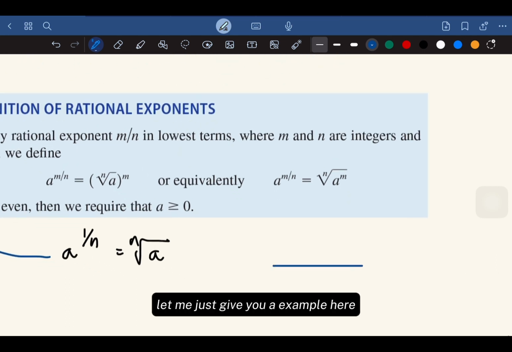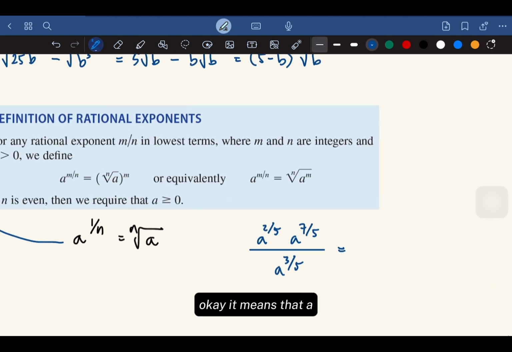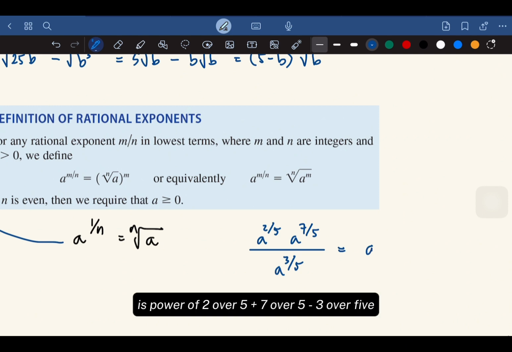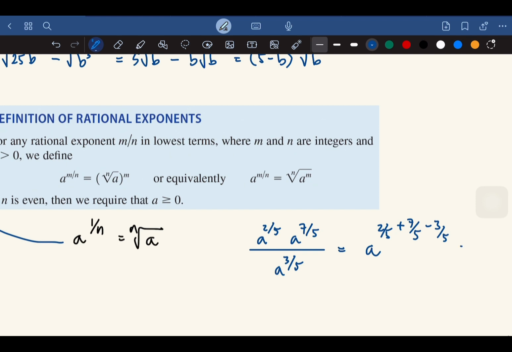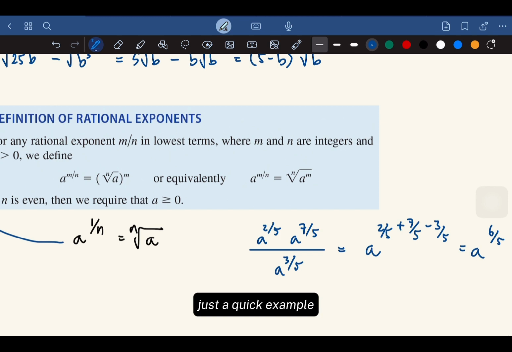Let me just give you an example here. a to the power of 2 over 5 plus 7 over 5 minus 3 over 5 means that this will be a with power of 6 over 5, right? Okay, just a quick example.